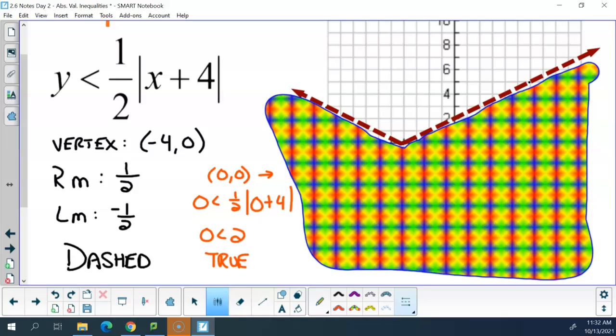Really pretty. Wait, why is it like outside of the graph? Because it can.